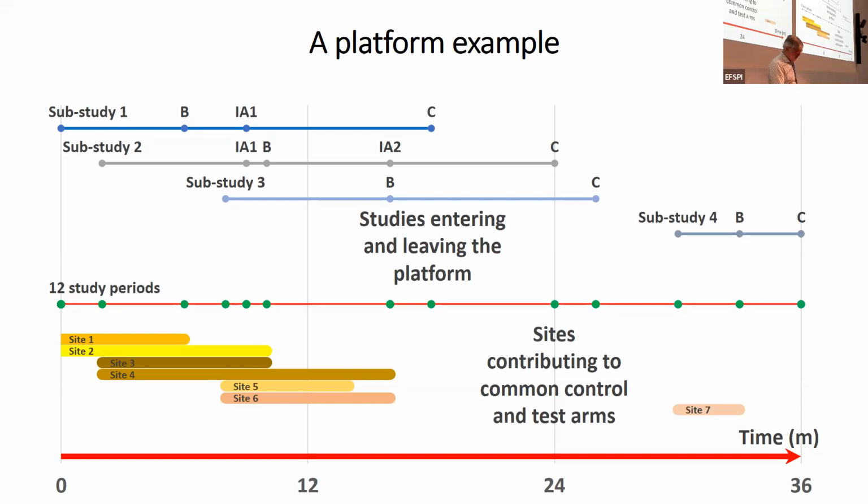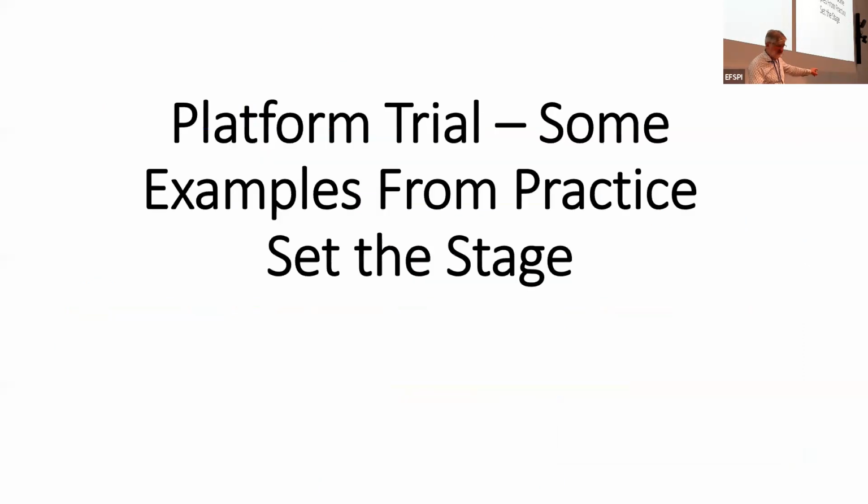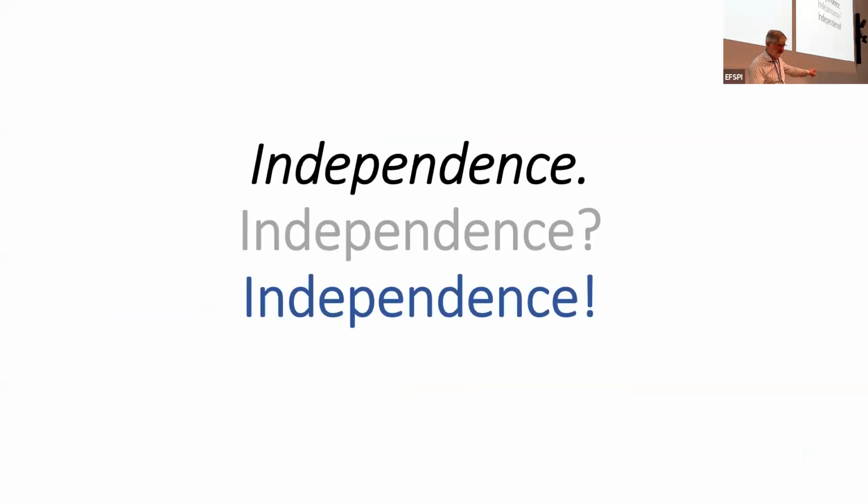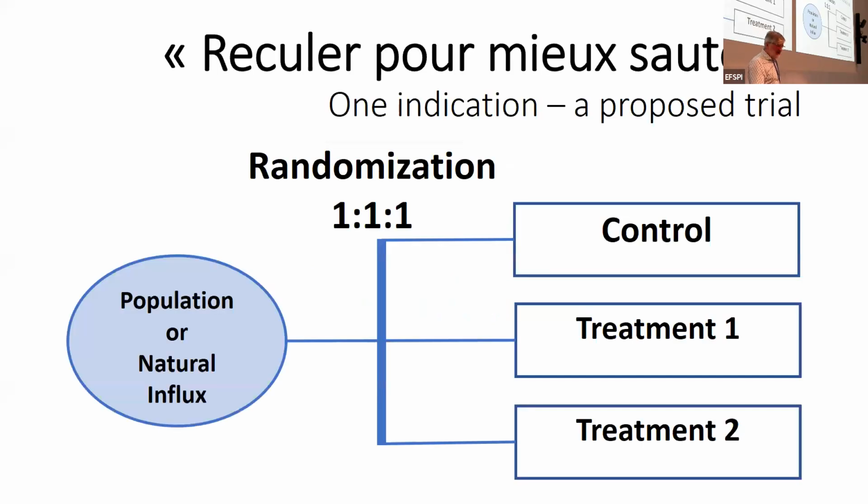Going back further, I've probably only 3 minutes left, so I'm going to talk fast about independence, independence, and independence. I'm going to do that from abstractions of what I saw happening in my regulatory practice. You've got a population, and suppose there's a natural influx, so that the probability in selection is all right.